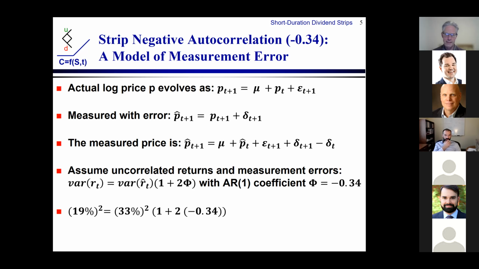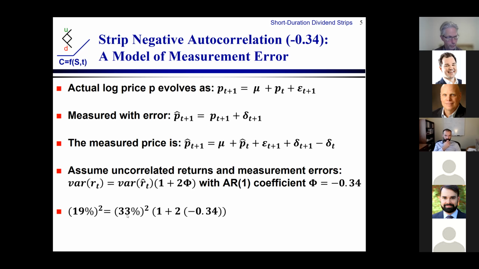And what we can then work out in this simple model is that the variance of the true returns is equal to the variance of the observed returns times this adjustment factor 1 plus 2 times the AR1 coefficient. Plug everything in, and it works out that the true variance needs to be 19% squared, and that is then equal to 33% squared.